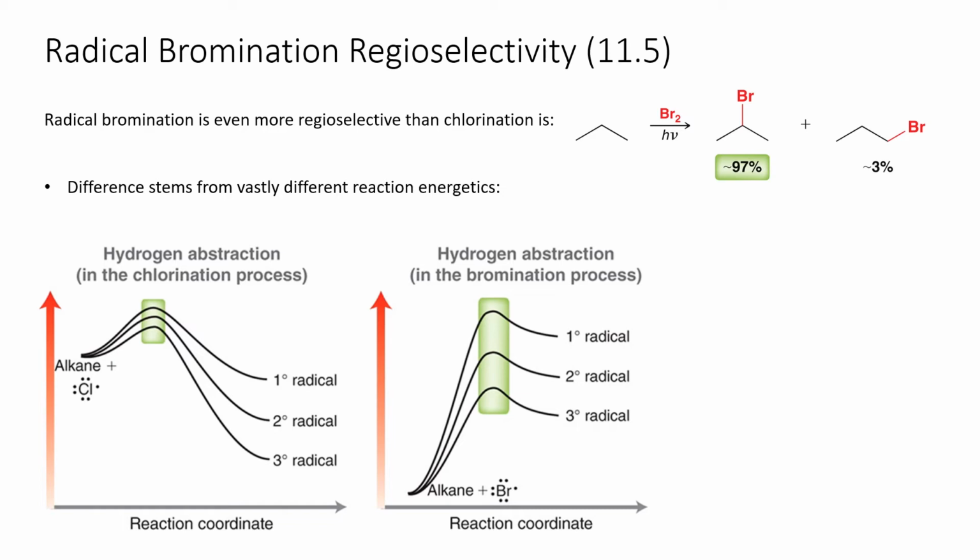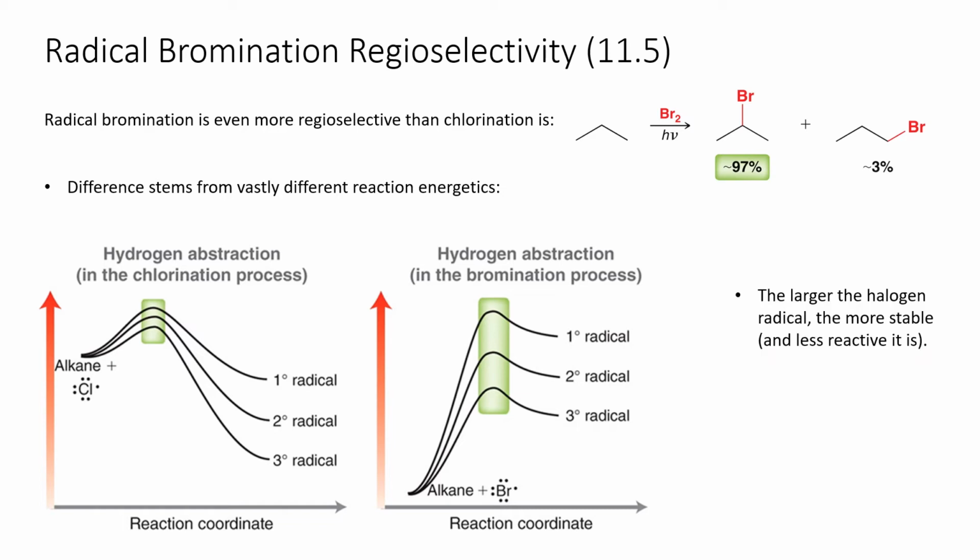Also, the lower, in this case, we see the more stable. So the tertiary radical is more stable, so it's lower. However, this is an endothermic process, and you see it's much slower than that of the chlorination. But however, it's more regioselective. And you see the energy difference between the tertiary versus the secondary versus the primary plays a big difference.